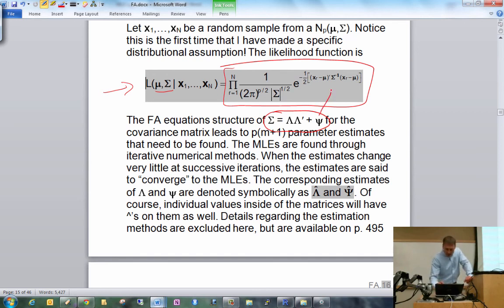So wherever you see a sigma, I substitute what our model says. Then instead of mu and sigma, the likelihood function is now a function of lambda and psi.